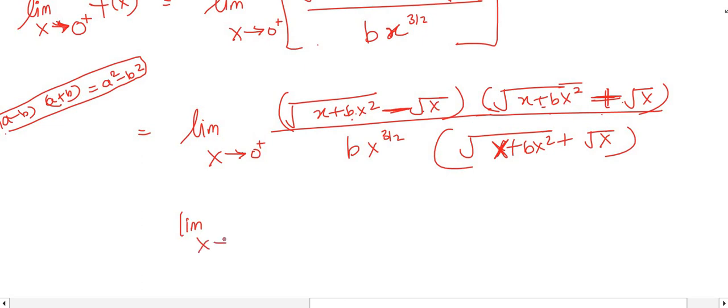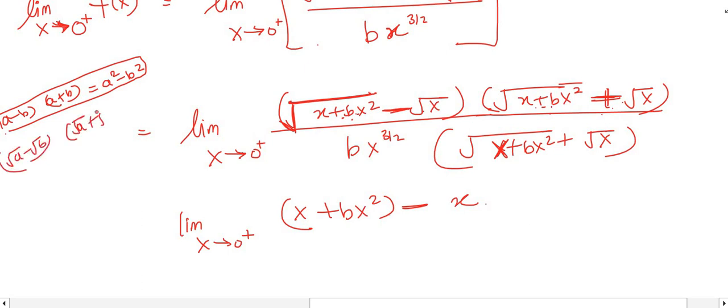So this will be limit x tending to 0 plus, a square minus b square will be what? This under root will disappear. This square minus this square is x plus bx square minus x. Correct? Root a minus root b, root a plus root b is a minus b. See here, root a minus root b, root a plus root b is a minus b.